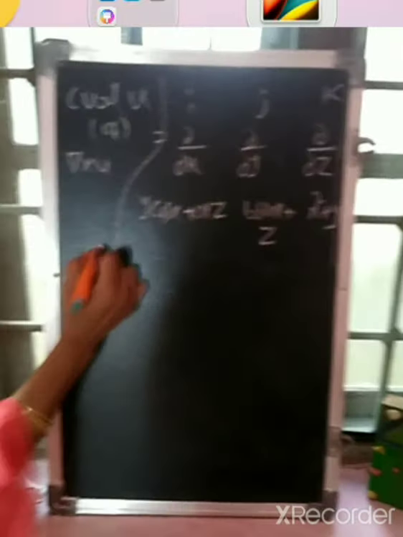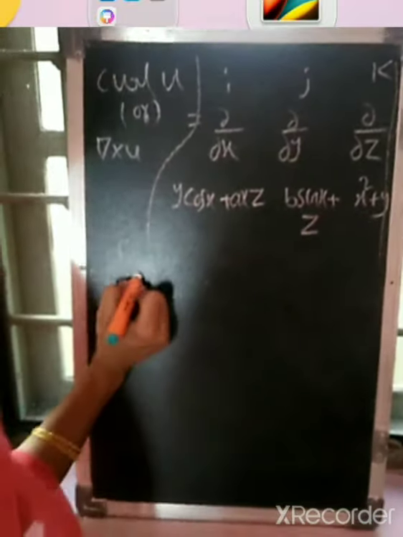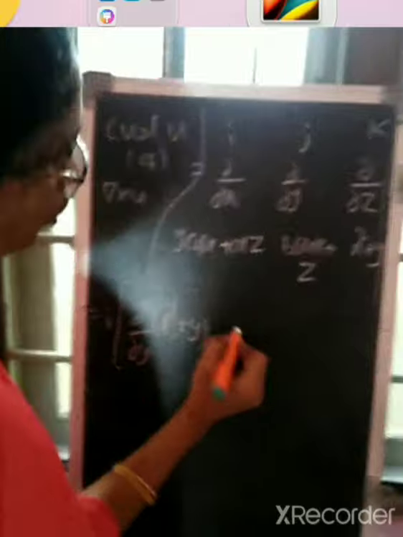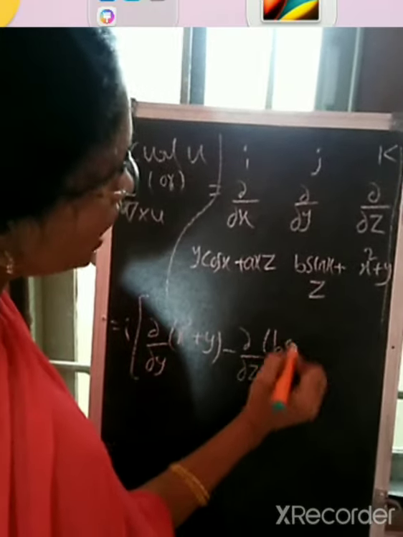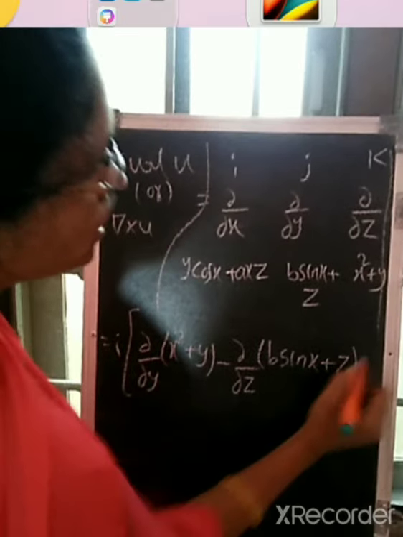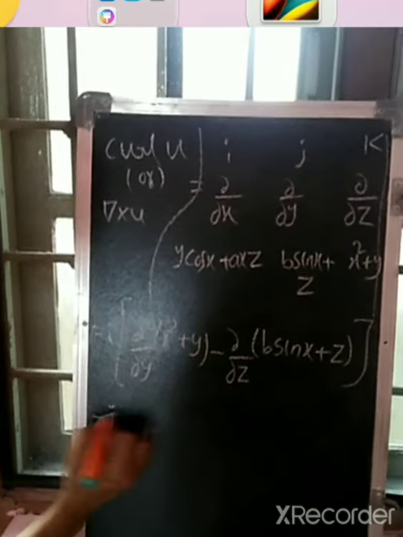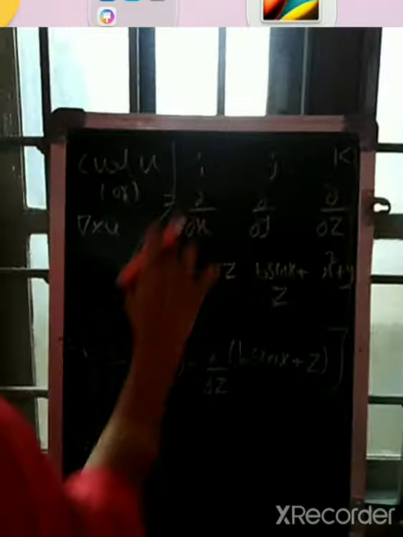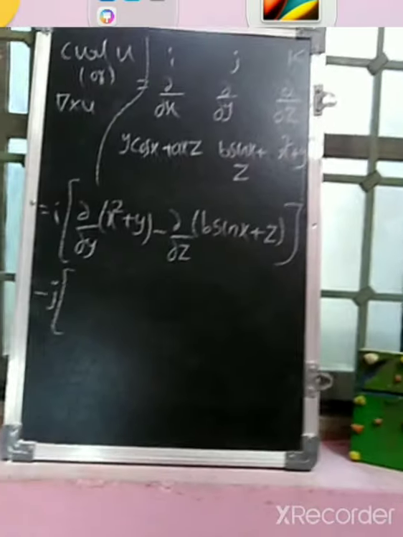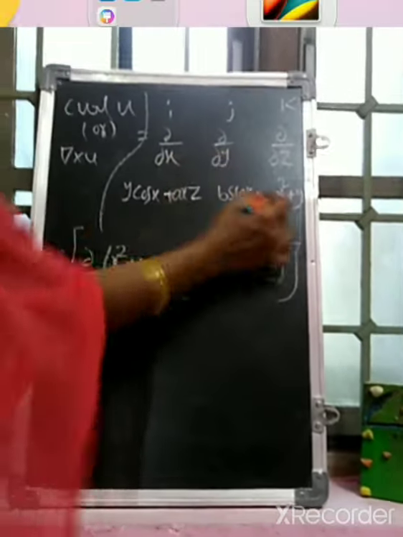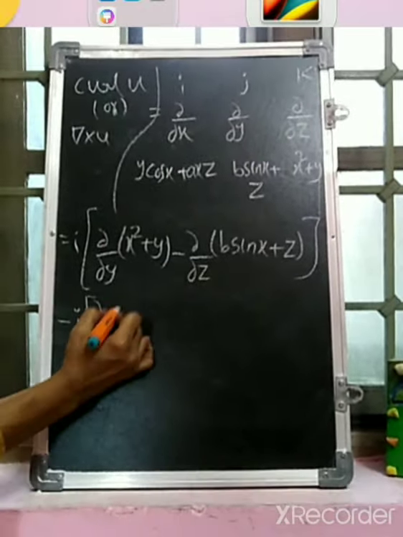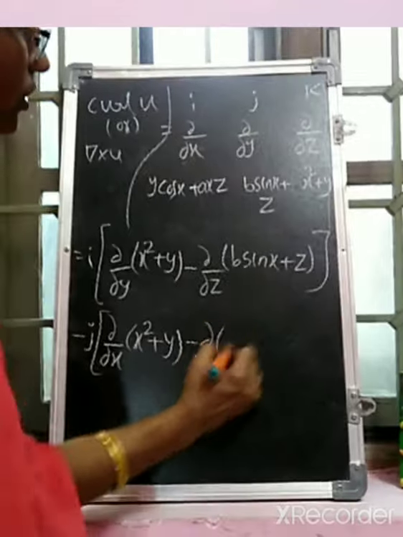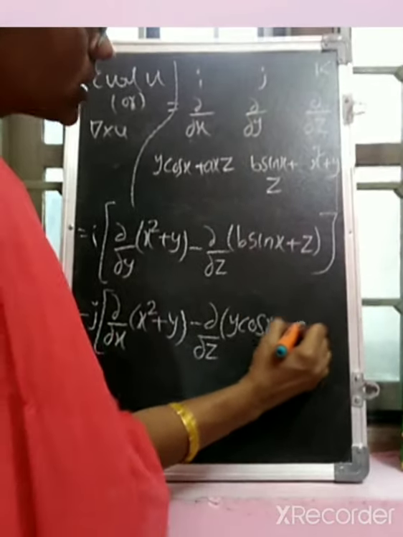Here i into dou by dou y of x square plus y minus dou by dou z of b sin x plus z. Next, minus j into dou by dou x of x square plus y minus dou by dou z of y cos x plus axz.